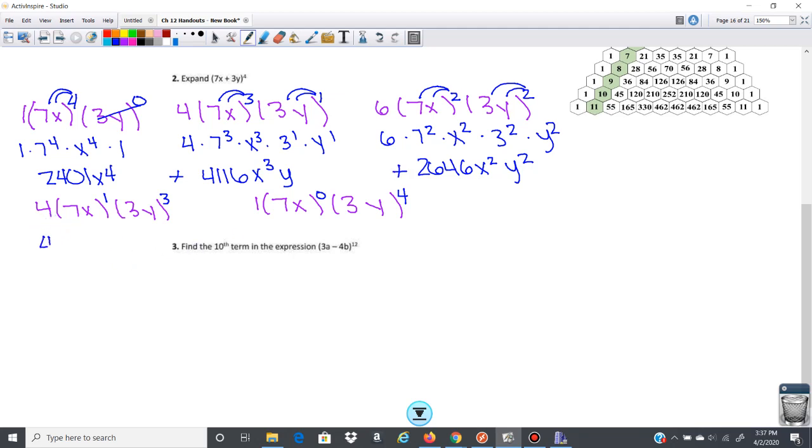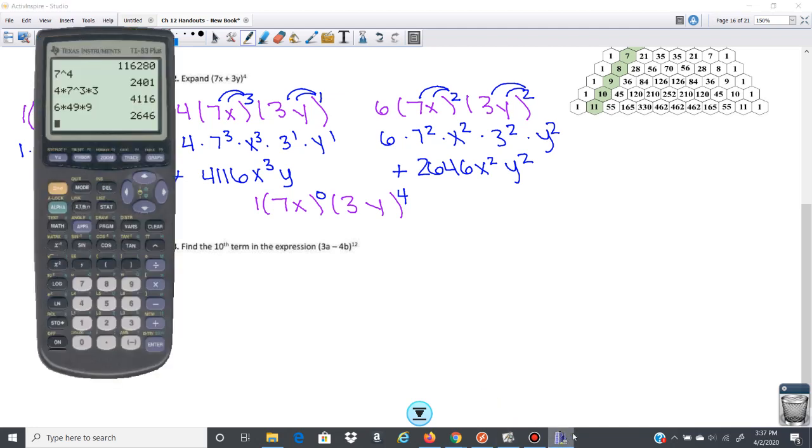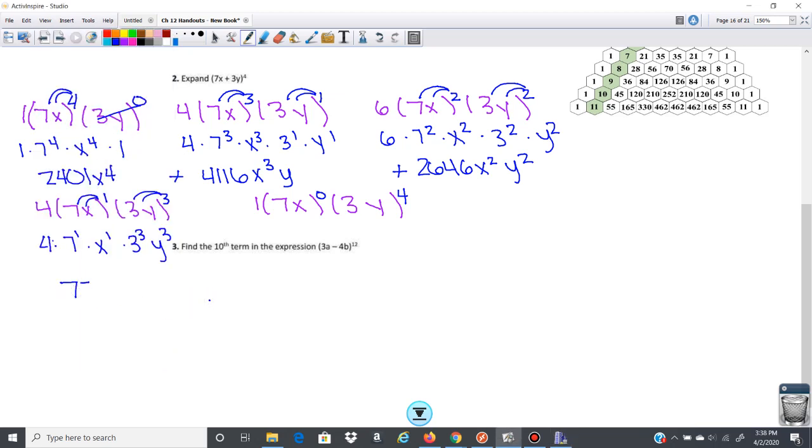Okay, then we've got 4 times 7 to the 1st, x to the 1st, times 3 cubed, y cubed. So that's going to be 4 times 7 times 3 cubed. So 4 times 7 times 27 is 756, x to the 1st, y cubed.